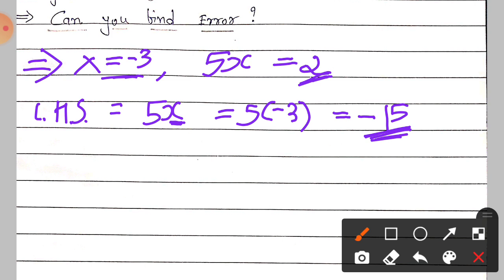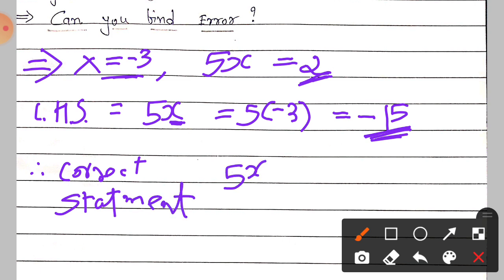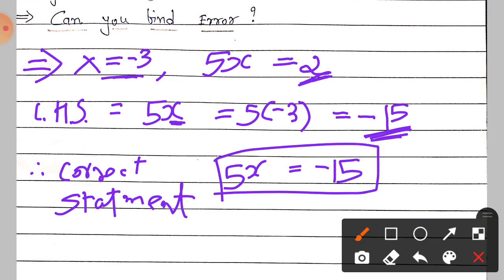So we can write here, hence the correct statement, 5x is equal to -15. So that is an error in the RHS, and we correct it and write the correct statement. We have to solve the problem in the question like this.